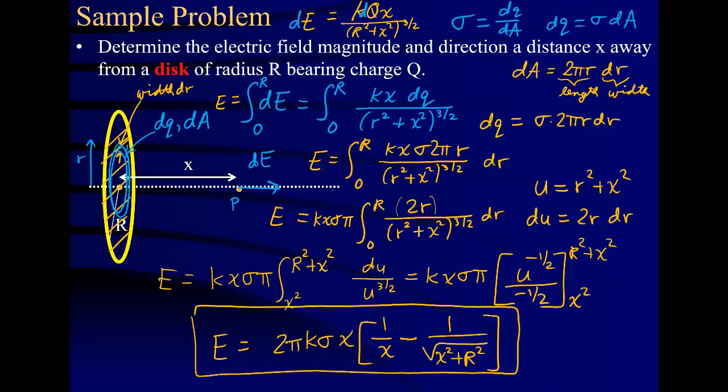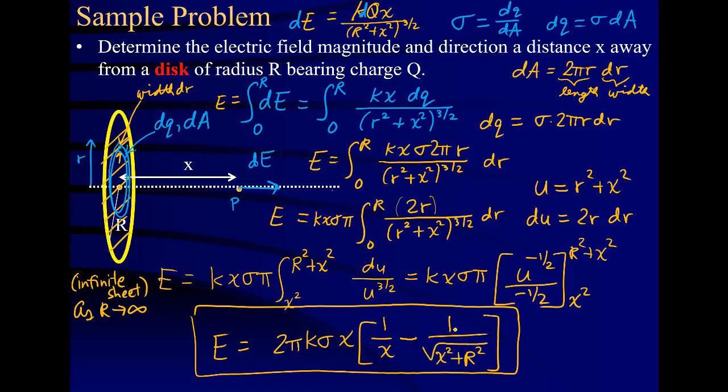Now, there's one final thing that I want to point out, and that is what happens when big R gets really, really big. So, in other words, as big R goes to infinity. So that's also known as an infinite sheet. And we'll see why this is important later on. As big R goes to infinity, what happens to this expression?